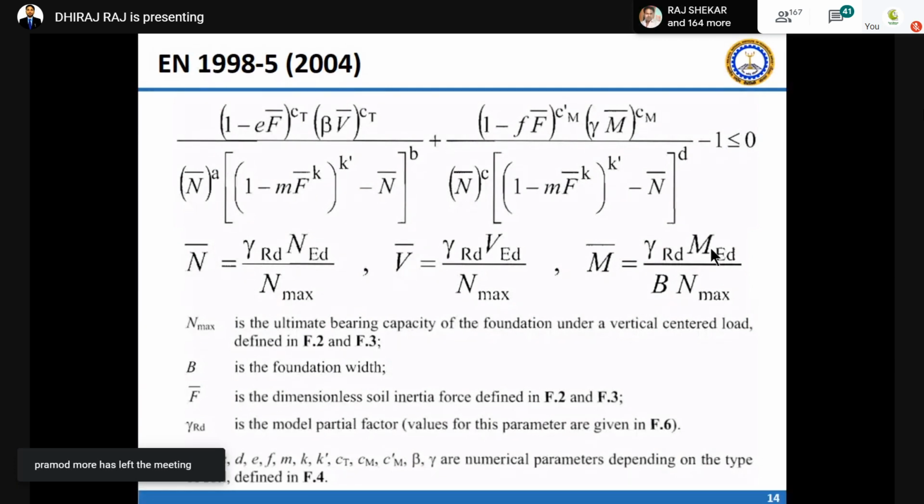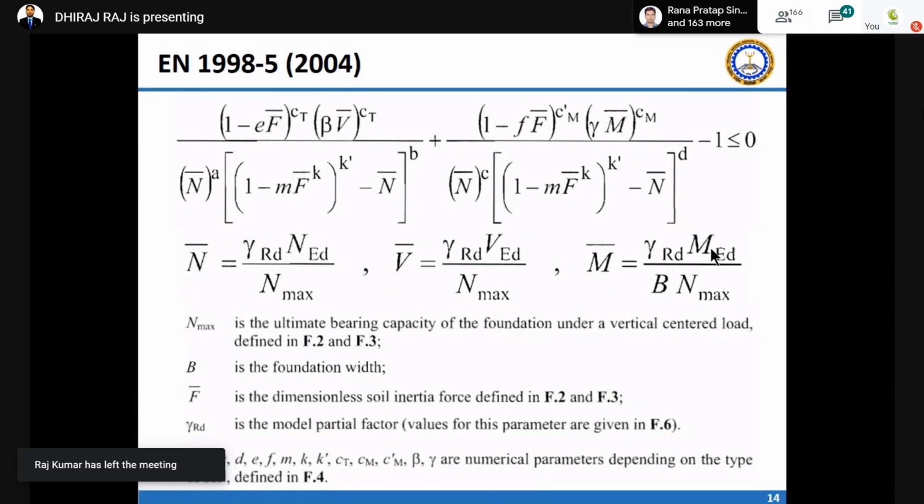And here Nmax is the ultimate bearing capacity, in case of cohesive soil and in case of cohesionless soil. You can see B is the width of the foundation. F is the dimensionless soil inertia force. They are also considering the soil inertia forces, and gamma Rd is the model partial factor.